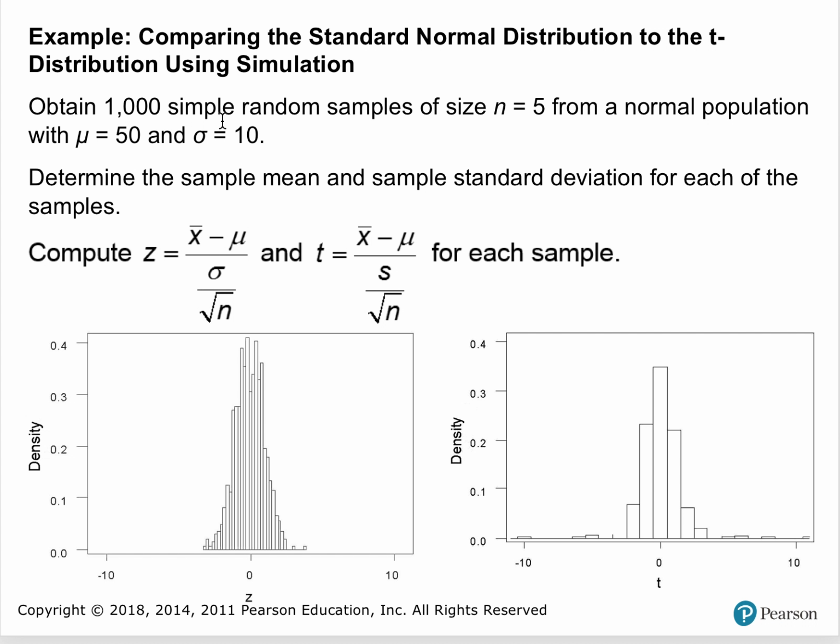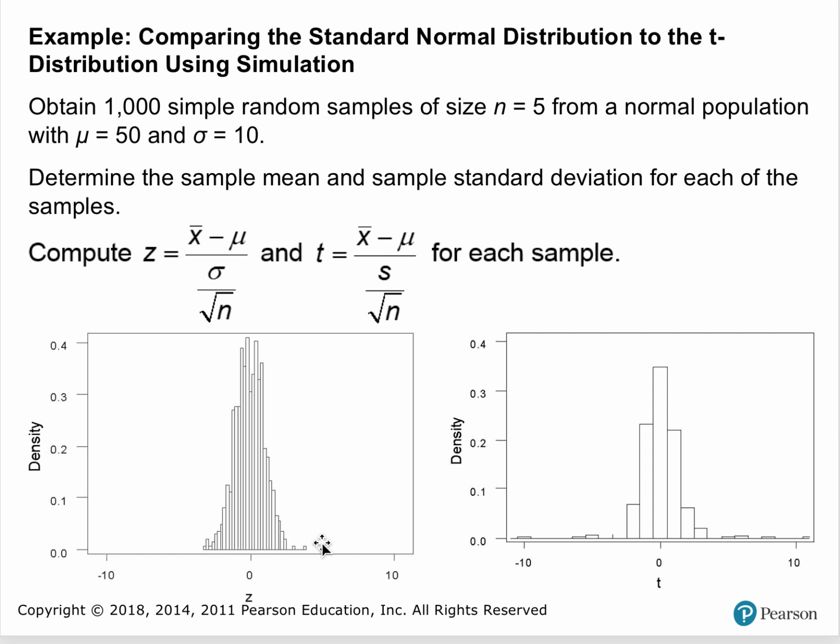If we obtain 1,000 simple random samples of size 5 from a normal population where the mean is 50 and the standard deviation is 10, then it says determine the sample mean and sample standard deviation for each of the samples. Okay, so they've done this here with the z-scores and the t-scores, and then computed a histogram of each.